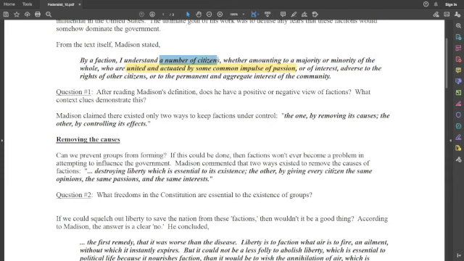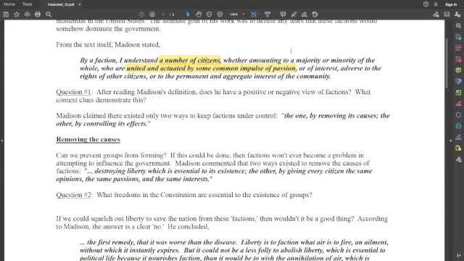For example, like I said, the AFT is one instance here, but we'll also throw in a group like the AARP, the American Association of Retired Persons. They represent old people. That's a group of citizens who have some common impulse: we want to help old people, right?